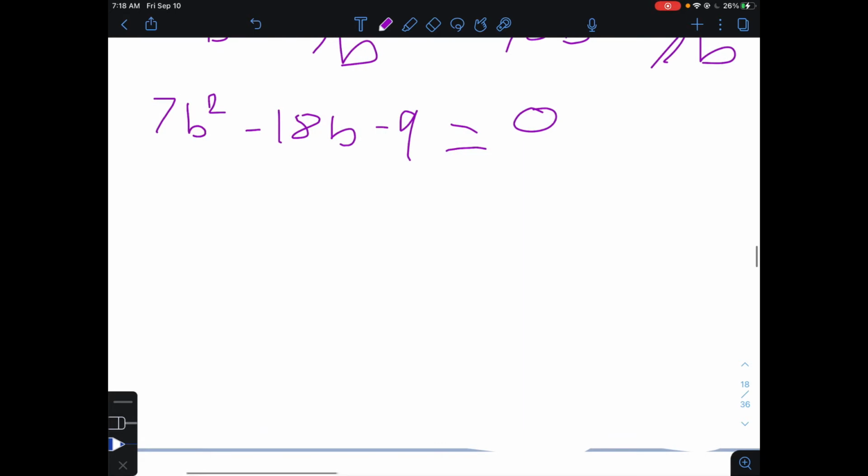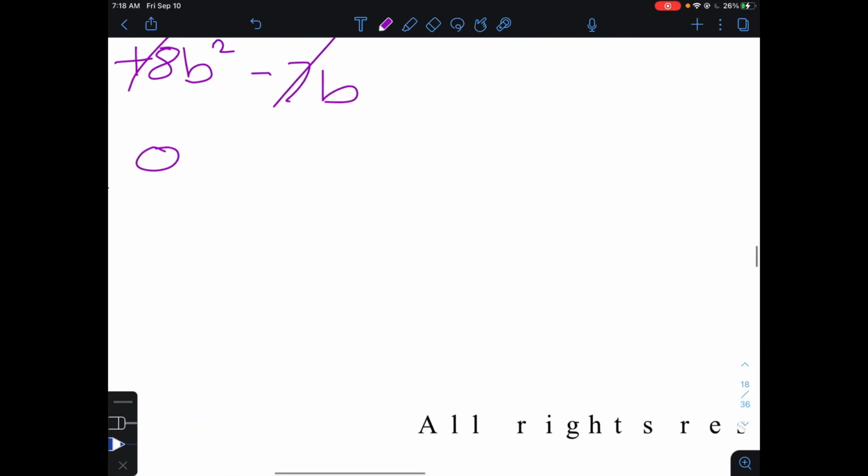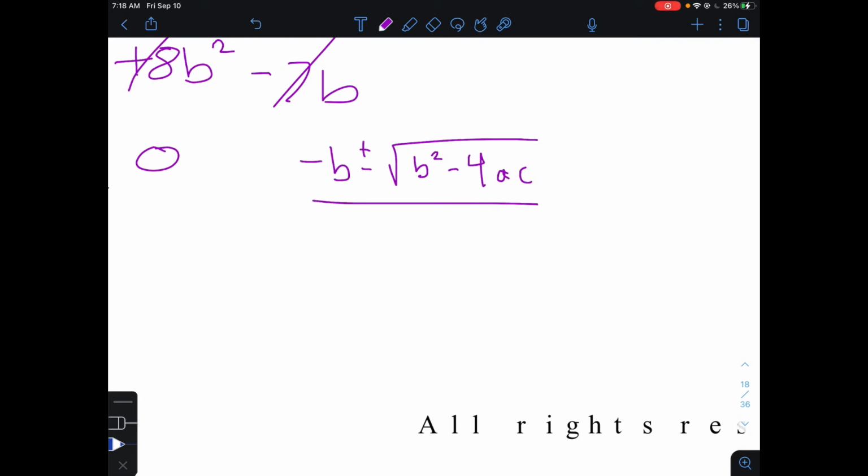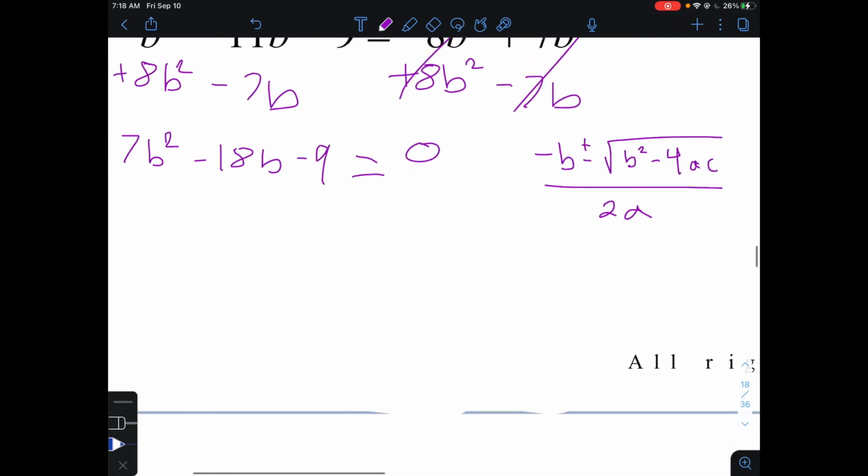So when you end up with something like this that you can't factor, you're going to go ahead and use the quadratic formula. All right, so the quadratic formula is -b plus or minus the square root of b squared minus 4ac all over 2a. Hopefully that looks kind of familiar.